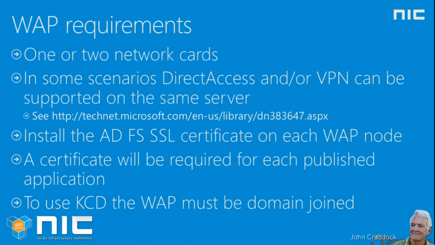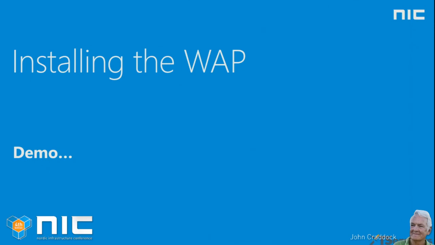You install the ADFS SSL cert on the WAP node, and the certificate is going to be required for each published application, because at the moment the WAP will only allow HTTPS coming into it. That might well change in the future. And to use Kerberos constrained delegation, where we're coming in with claims and going through to a Windows identity, you must be domain joined. Otherwise, the WAP does not need to be domain joined. So in terms of installing it, it really couldn't be easier.